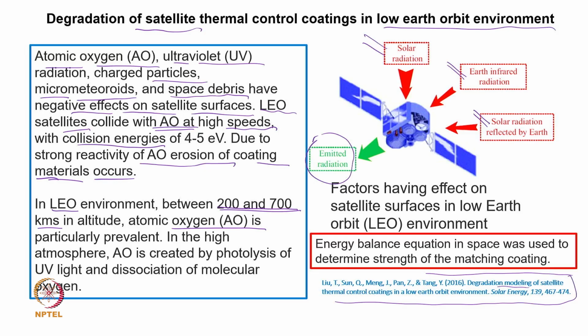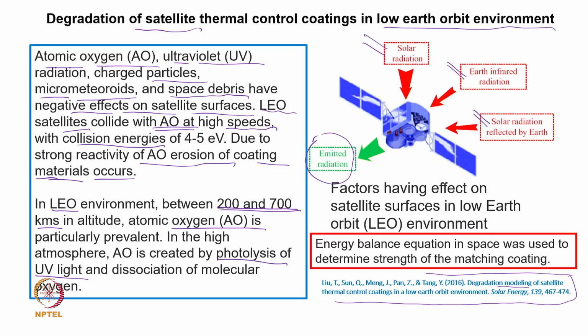So, in the remaining 1300 kilometers, atomic oxygen will not be available in abundant form, but if molecular oxygen is available in that environment and it reacts with UV light, then naturally there will be some sort of photochemical reaction, and it will create AO also.